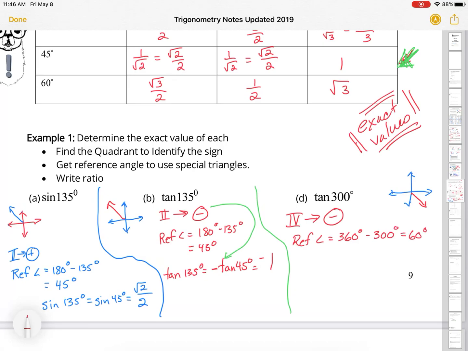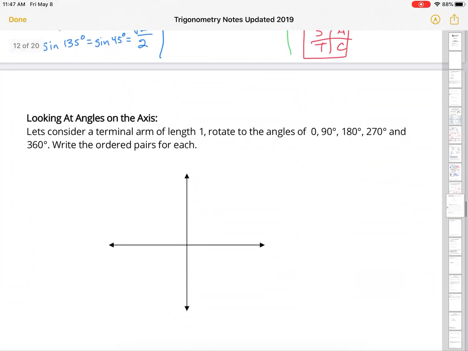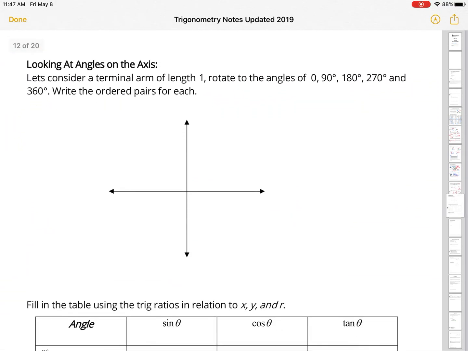Now the reference angle is 360 minus 300, which is 60 degrees. So tan 300 will equal negative tan 60, and if we look at our table, tan of 60 was root 3, so it'll be negative root 3. And that is the exact value. So you have to remember your CAST rule, where each thing is positive or negative, in order to solve these.